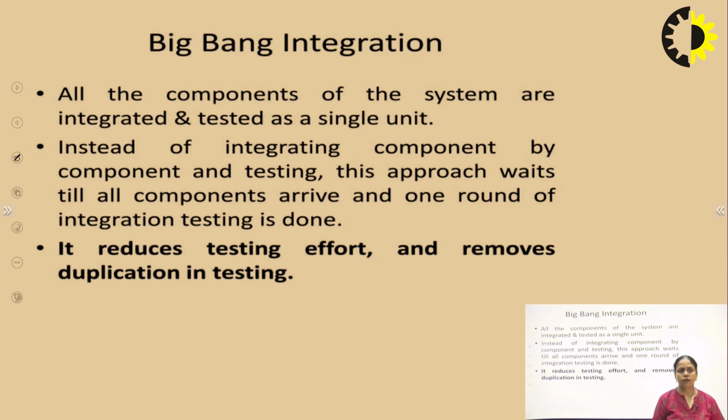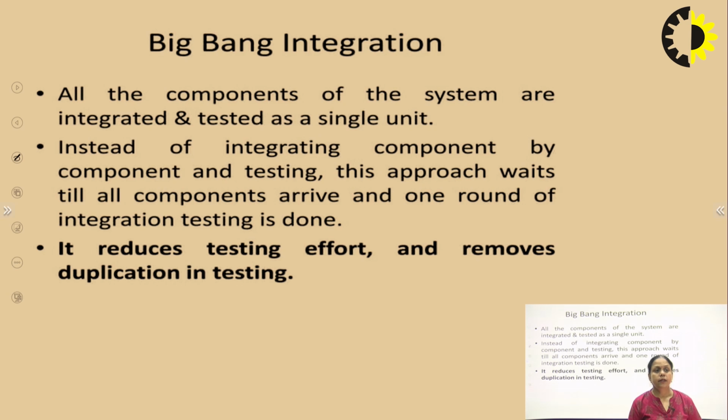All the components of the system are integrated and tested as a single unit. Instead of integrating component by component and testing, this approach waits until all the components arrive, and one round of integration testing is done. It reduces testing effort.